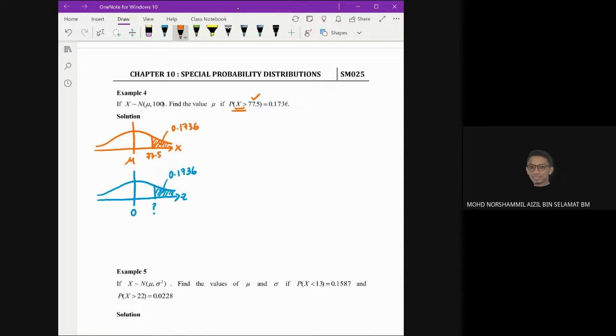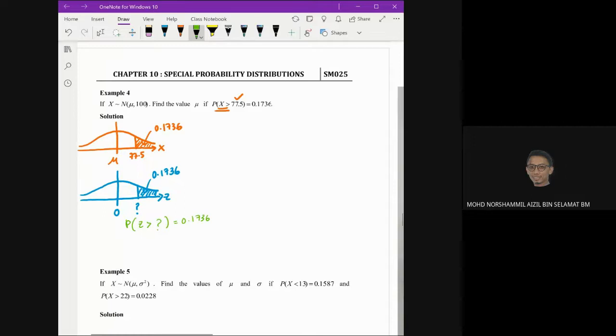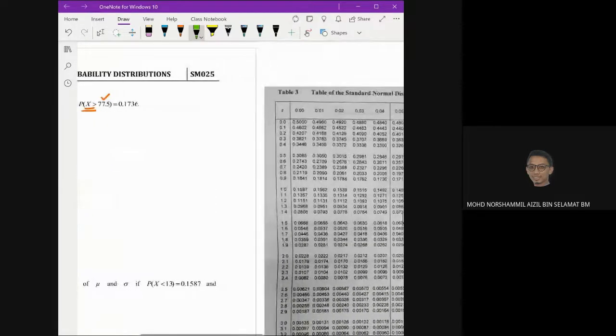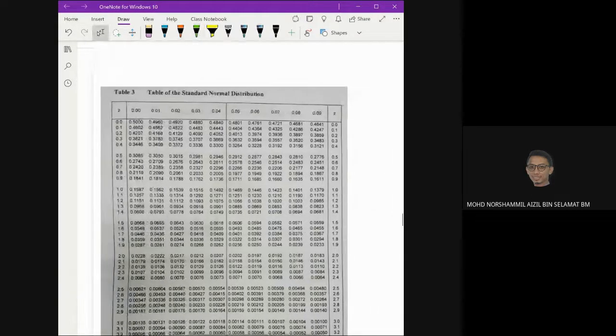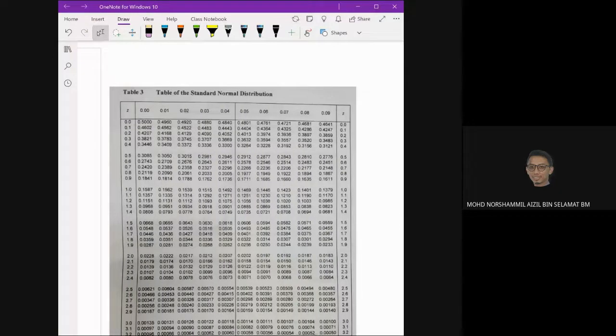So to get this part, we can read from the table, Z greater than something, 0.1736. Right, betul tak? So find out where is 1736. Cari 1736 kat mana? Ui, laju Insyirah. 0.94.